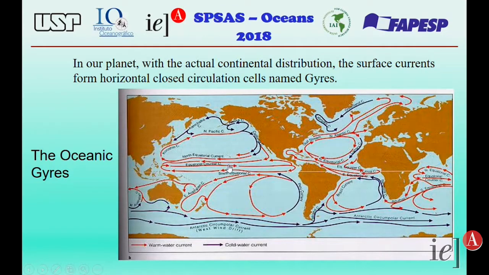So you have an anticyclonic circulation in the northern Pacific, also in the northern Atlantic. On the other hand, in the southern hemisphere, you have circulation counterclockwise, and we call it, again, anticyclonic.